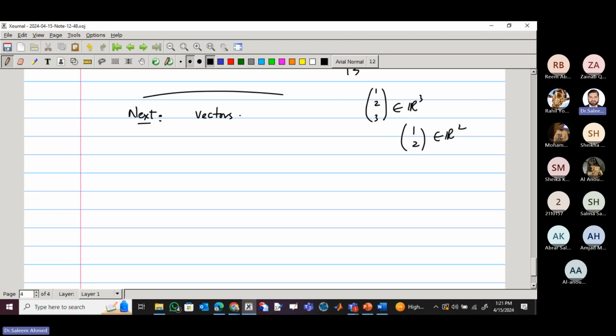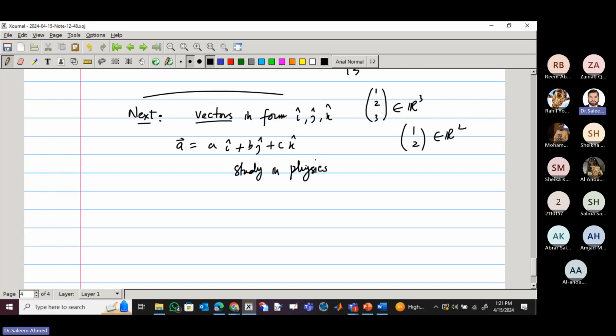But we can also write vectors in ijk form, where any vector can be written as ai plus bj plus ck. I think you might have studied that in physics, right? Usually in physics we study vectors like that.